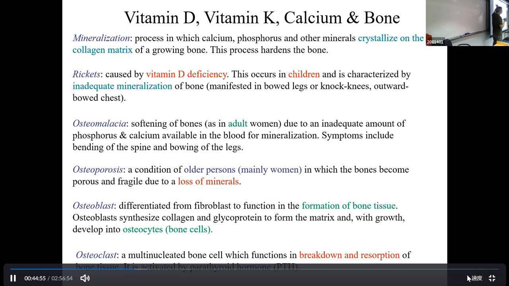So mineralization usually refers to the activity of osteoblasts, which make bone tissue. Another term is demineralization, or resorption, which is the opposite of mineralization and is the role of the osteoclast. We will show it to you in the next few slides.